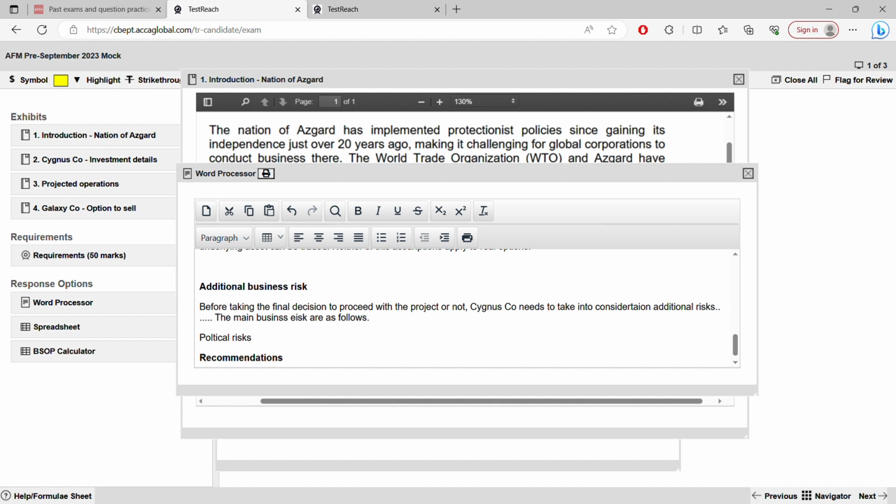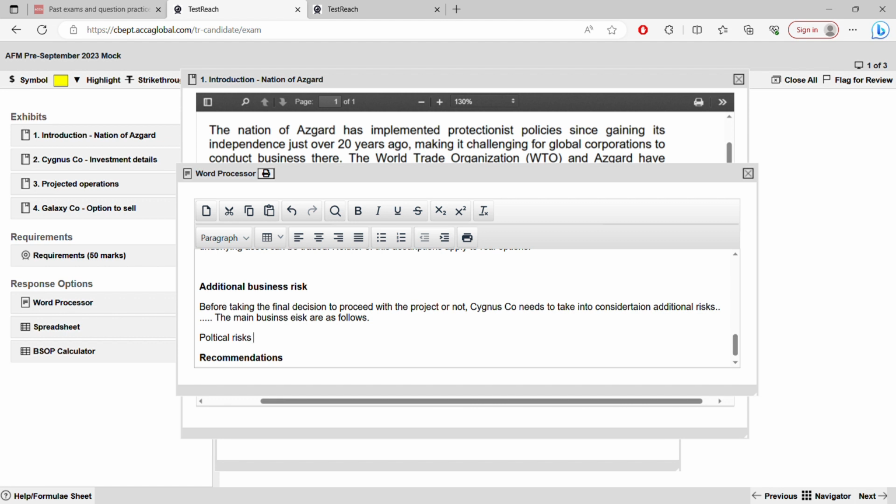Develop on these points. So you can talk about political risk. How? You can say that the current government might be unstable, and if the government changes, then the restrictions that you have lifted, you might have to impose again. Also the new government might limit your remittances.